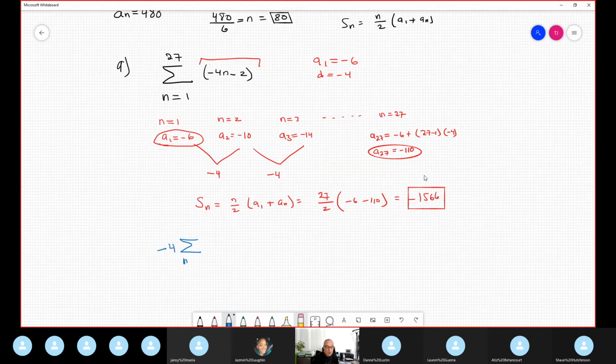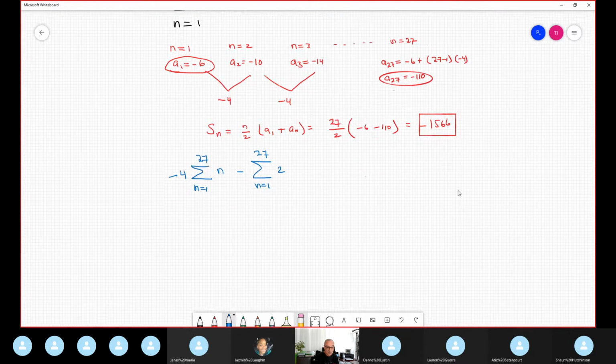Summation from n equal 1 to 27 of n, minus summation from n equal 1 to 27 of 2. Entonces you apply the formula.